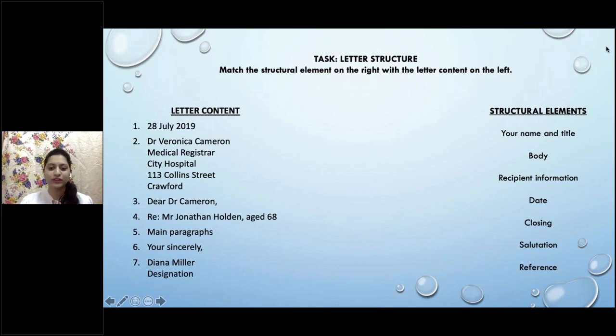So you'll have to tell me what goes first and then what goes second and then how you end it. So basically, if you see the left side of the slide, you should be able to guess.